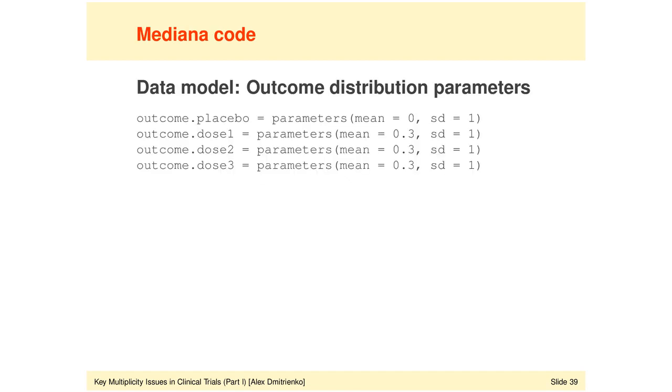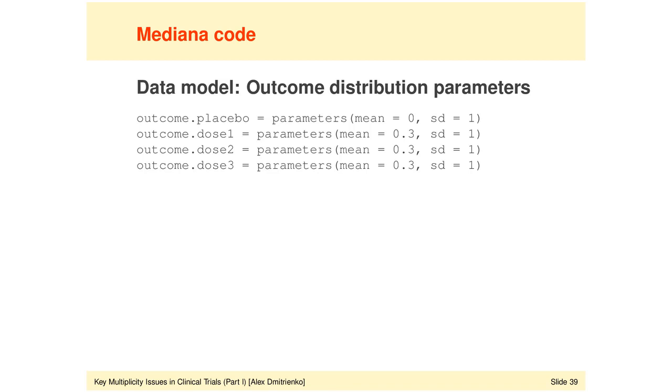This is the first piece of Mediana code, and what we do here is we specify 4 objects that define the outcome distribution parameters across the 4 samples in this data model. Each object is simply a list with 2 different values. The first value is mean and the second value is standard deviation.